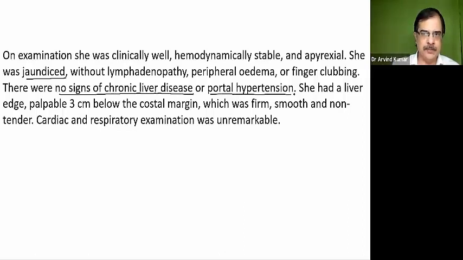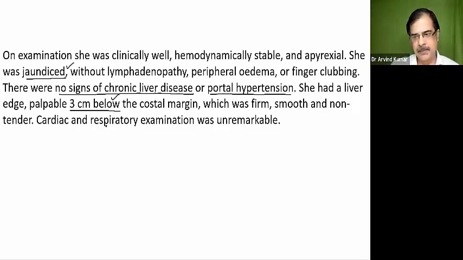She had a liver palpable 3 cm below the costal margin, which means there was hepatomegaly, and it was non-tender. Cardiac and respiratory examination was unremarkable. From the examination, we have come to the conclusion that it is acute hepatitis, and hepatomegaly was present.